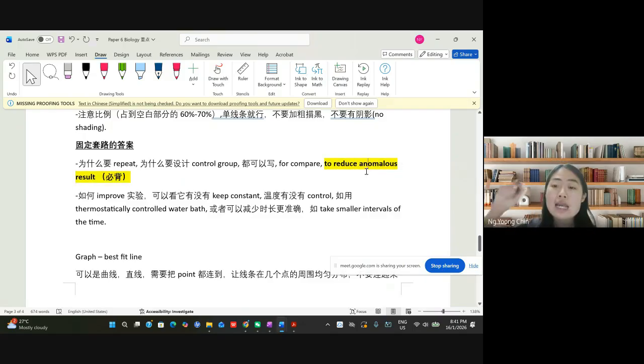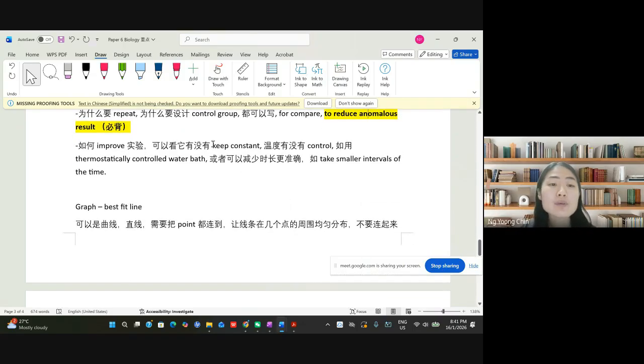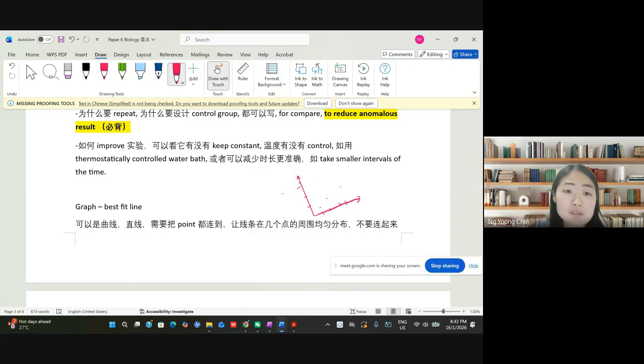Anomalous result is something like, for example, when you draw a line graph like this. Okay, this is a line graph, this is your result, your x-axis and also the y-axis. It should be constant like this. But there's one result out of skew.